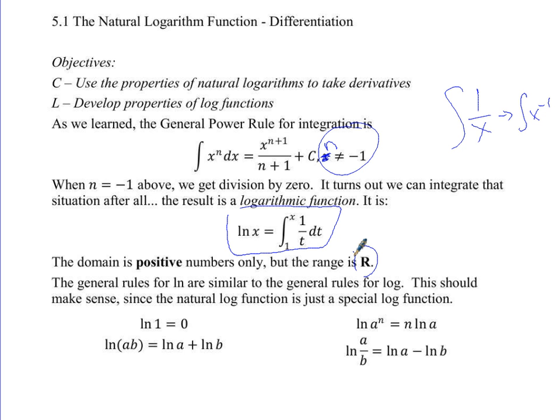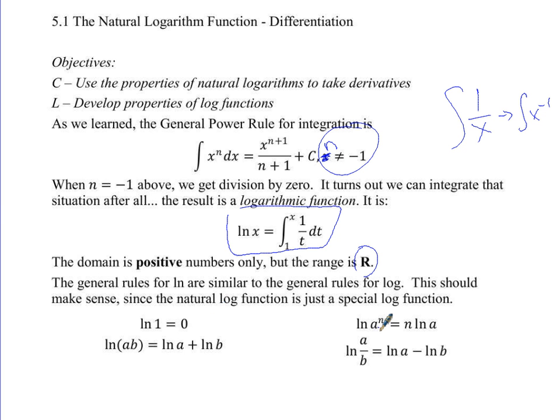So the general rules for the natural log are similar to the general rules for log, and that's why we reviewed them. So this should make sense because the natural log is just a logarithm with a special base. And we just call it the natural log instead. So the natural log of 1 is 0. We talked about that one.